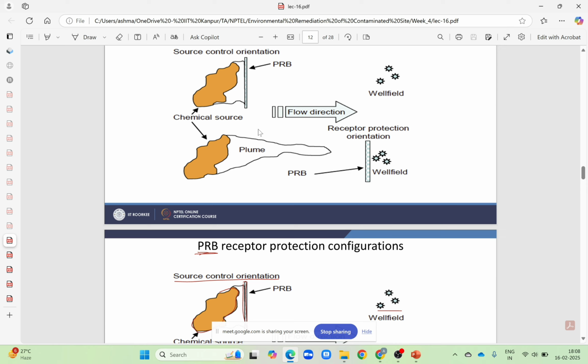So the next treatment method which we are discussing is the permeable reactive barriers.